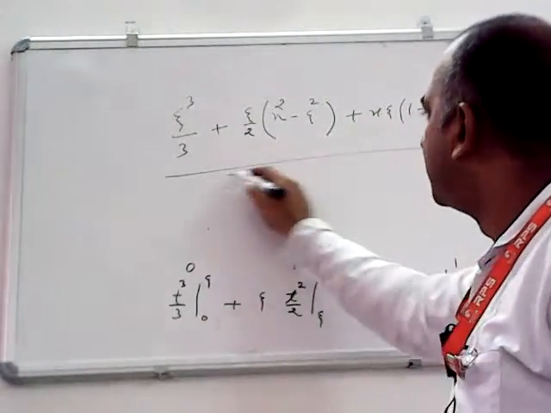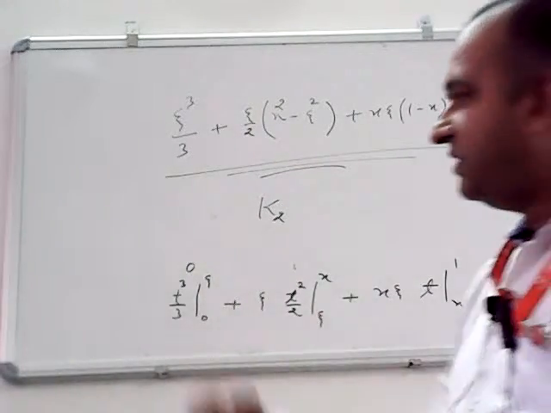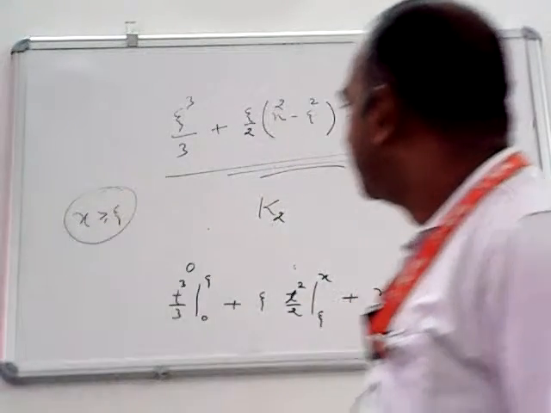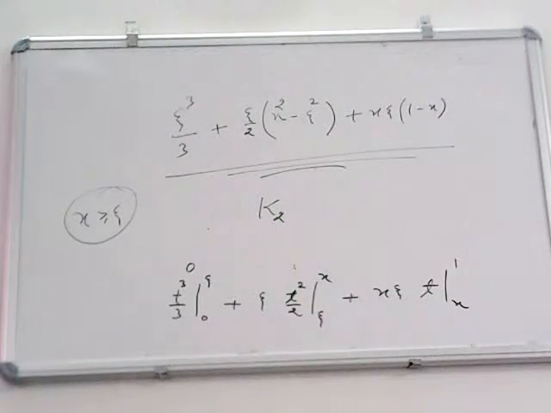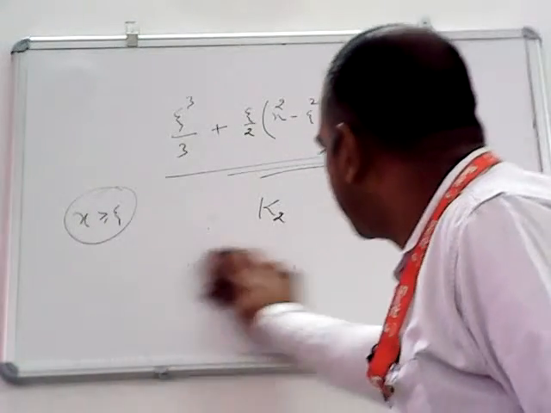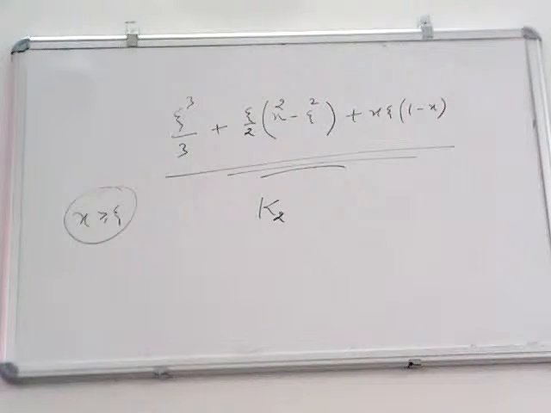This will be our answer of K2 in the case when x is greater than equal to xi. So we have calculated the value of K2 in the case when x is greater than equal to xi.